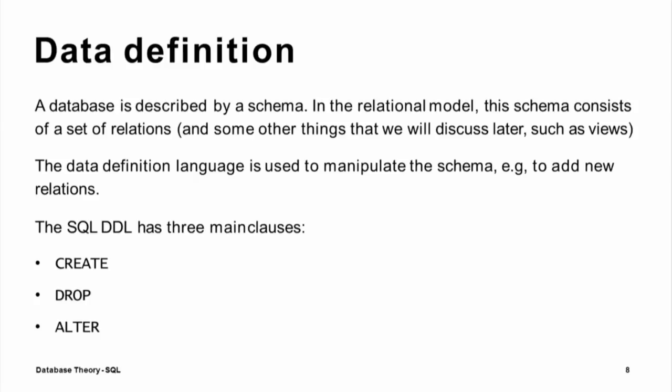But if you want to alter the table, I mean its configuration, its setup, its schema, then you use the alter construct. So for instance, if you want to add a new column or a new attribute, then you go for the alter construct. Or if you want to change, let's say, the type of an attribute.